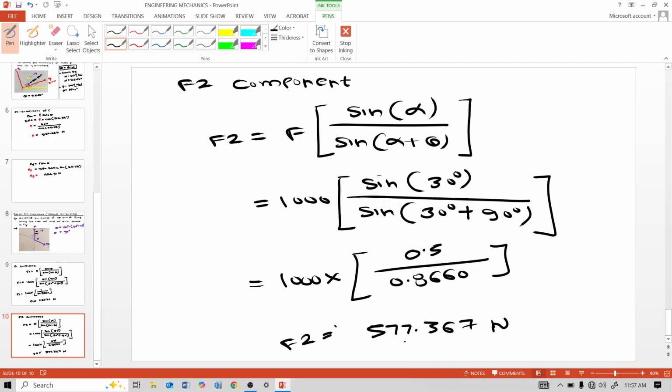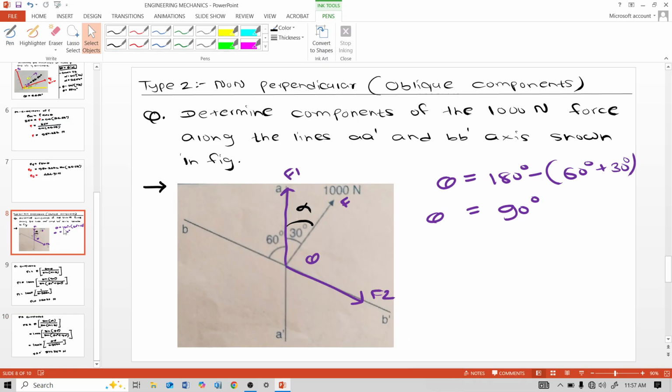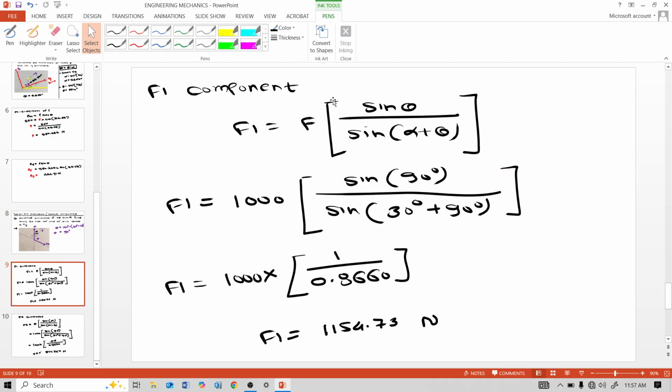So we calculated the F1 and F2 oblique components. In this numerical we need both angles, between F and F1 and between F and F2. F is the actual force, and F1 and F2 are oblique components of that force F, so we need both angles. That's why we calculated theta first, and then with the help of the formula, F1 is equal to F into sine of theta upon sine of alpha plus theta.